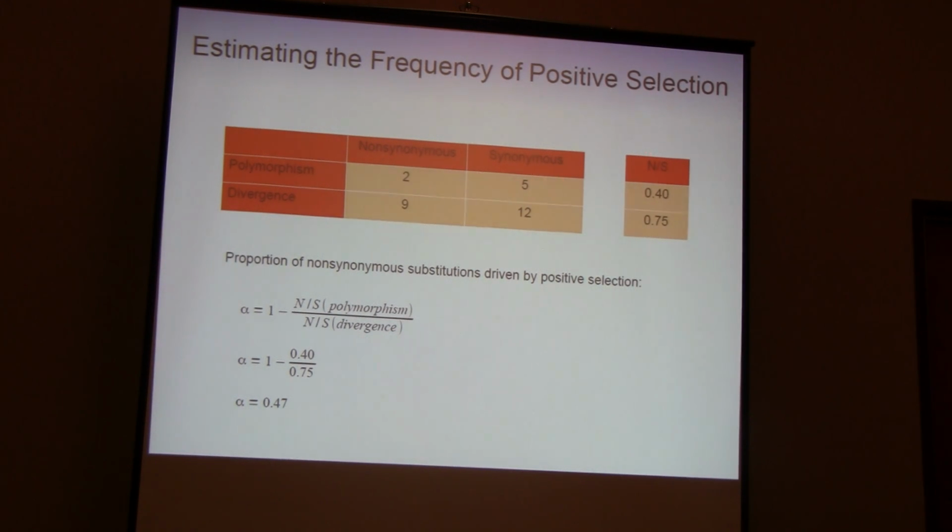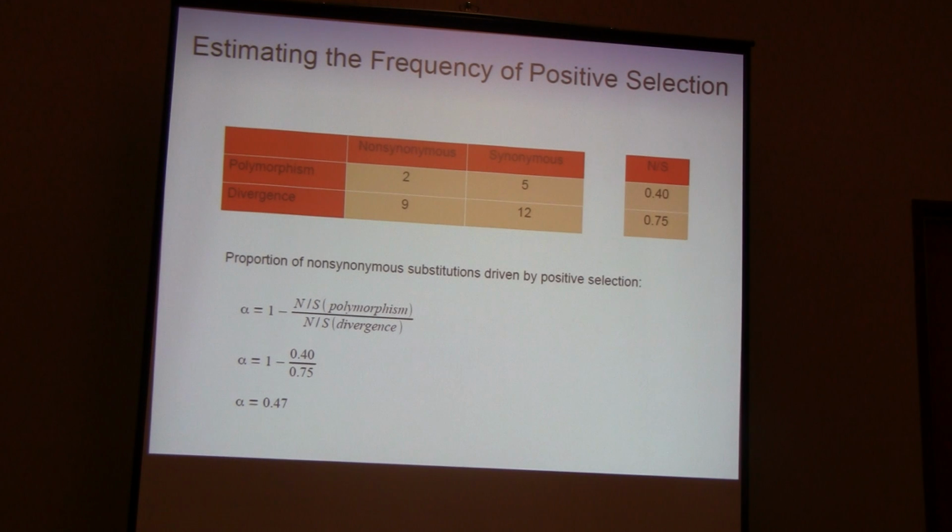In this case, it's about 2 times higher, leading to an estimate that nearly 50% of non-synonymous changes have been fixed by positive selection. It is assumed that everything that causes this elevation, greater than what you'd expect from the numbers for polymorphism, is due to positive selection.